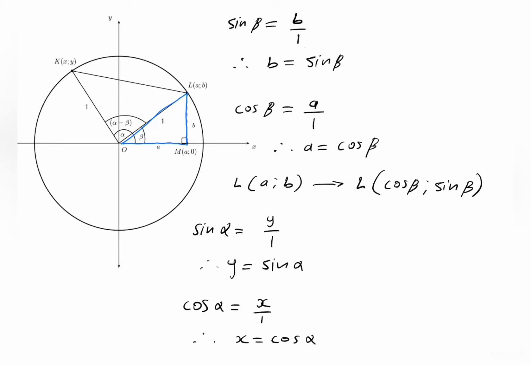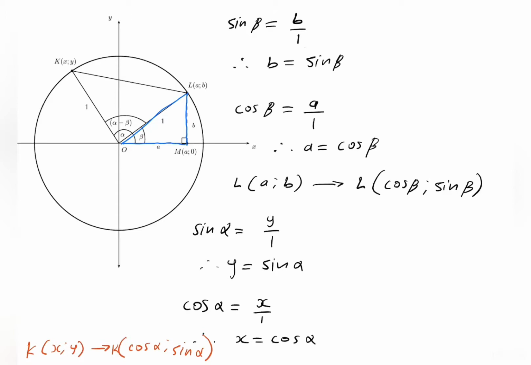Now, this simply means that the coordinates for K, x and y, are going to be, now x, we know that it is in terms of cos alpha. So therefore, we're going to write cos alpha. And then y, we're going to write sine alpha. Now we have the coordinates of K in terms of cos alpha and sine alpha.